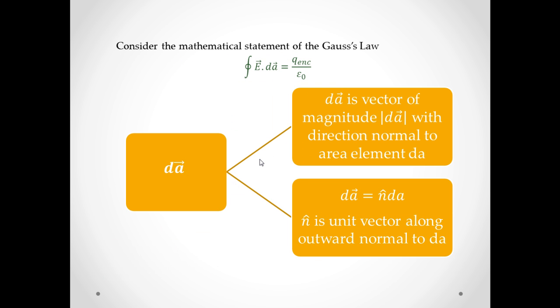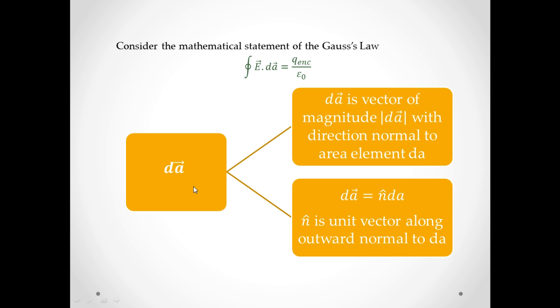Now again consider the mathematical statement of Gauss's law, which is integral E dot dA equals charge enclosed upon epsilon naught. On the left hand side of this equation, E dot dA is a scalar product of two vectors, E and the area vector dA.